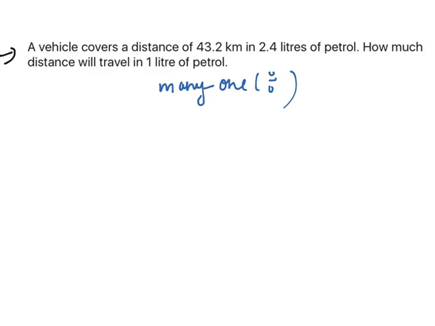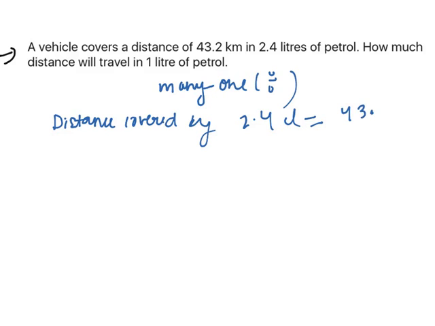So according to the question, what we have been given is the distance covered by 2.4 liters of oil. First of all, we will see how much distance they cover, 43.2 kilometers. We will make the equation according to the question.